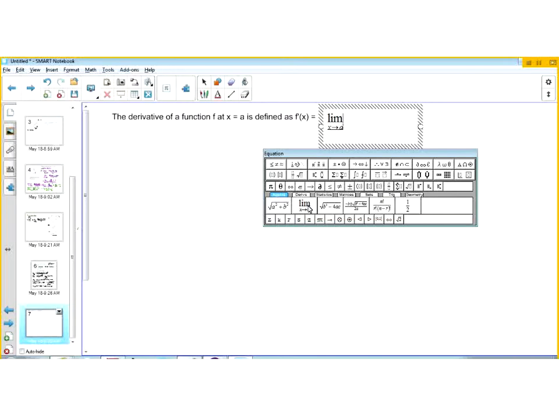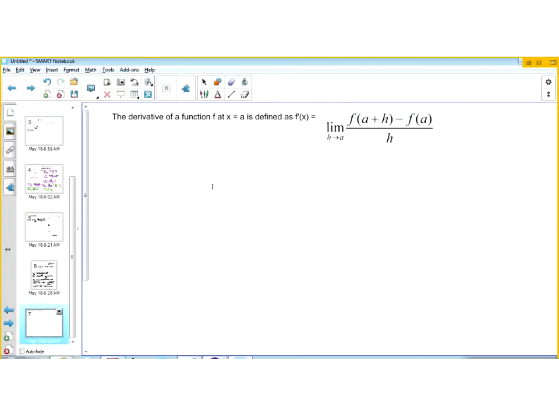Let me write the limit using the math tool. The limit as h approaches 0, because we're dealing with the difference quotient, of f of a plus h minus f of a, divided by h. So that's the derivative of a function. That's how you find it.